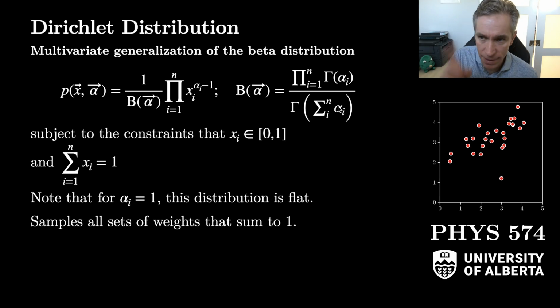The key thing here is that the Dirichlet distribution constrains the x's to be within the 0-1 interval, and they have to sum to 1.